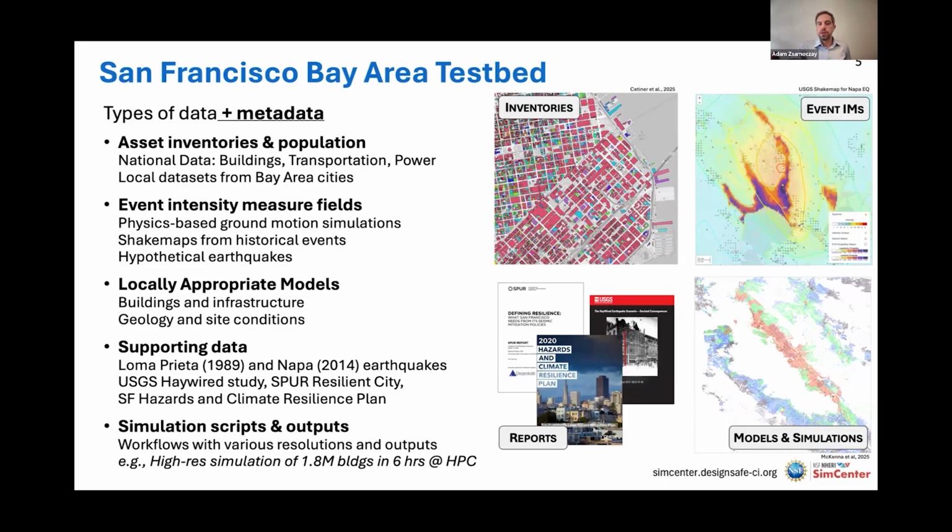And these simulations today take only about 6 hours on a high-performance computing cluster in DesignSafe and include 2 million nonlinear dynamic analyses, including uncertainty quantification. So you can do a lot in a relatively short time. And really the challenge today is to make these high-resolution simulations also high fidelity. So testbeds could help us go in that direction.